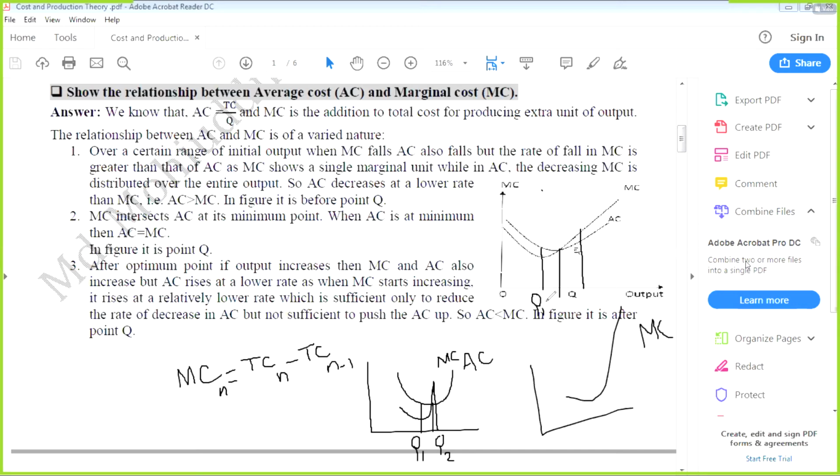So at the level of output Q1, both marginal cost and average cost are falling, but the rate of falling of the marginal cost curve is lower than the rate of falling of the average cost curve. At the level of output Q1, we can write that marginal cost is less than average cost.